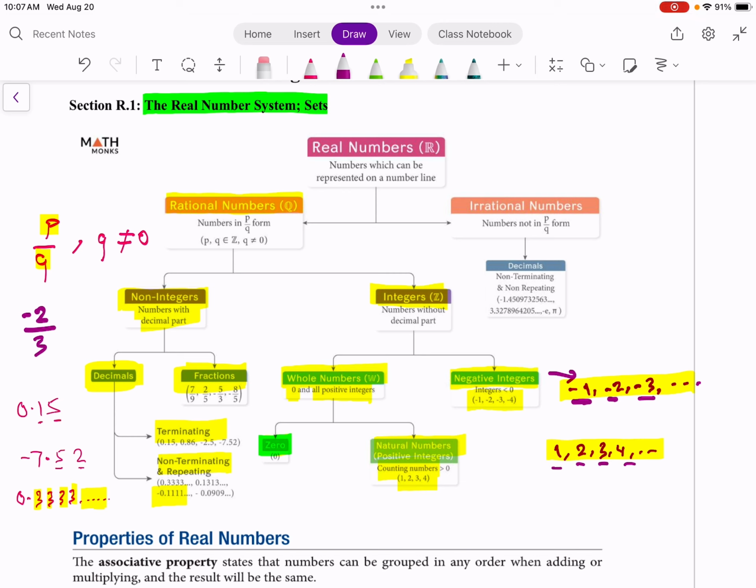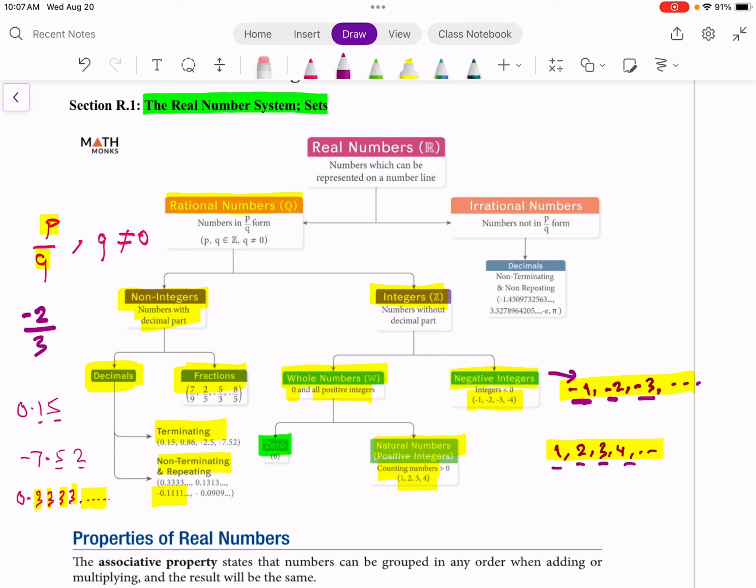And now we have p negative 2, we have q 3. Are negative 2 and positive 3 integers? To be an integer, the number has to be a whole number or negative integer. So negative 2 is a negative integer, 3 is a whole number or a natural number, right? So both p and q are integers, q is not equal to 0. So negative 2 over 3 is a rational number, okay?